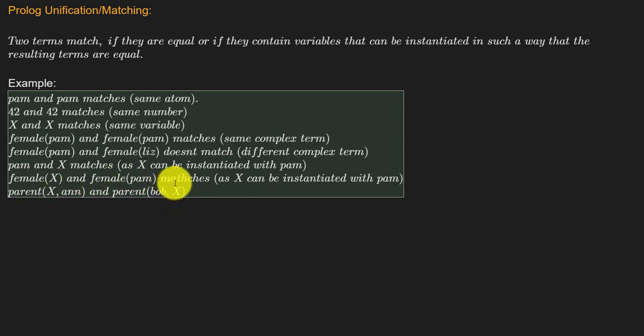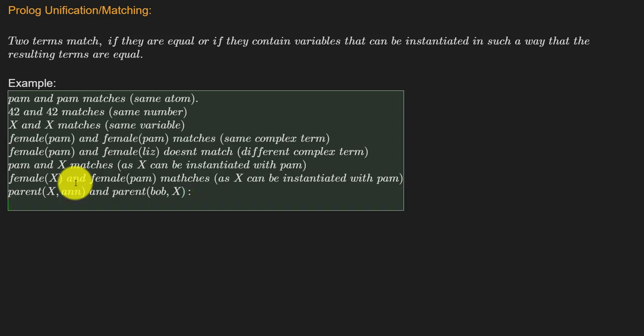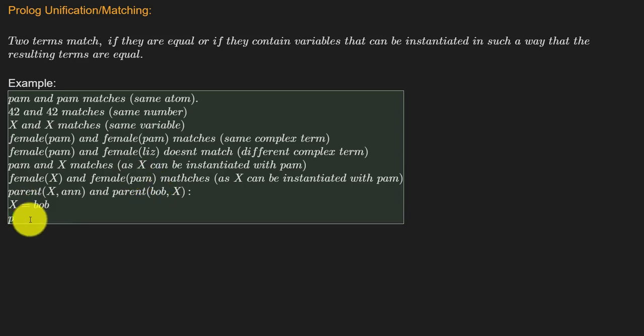Let us do that, this is going to be fun. Let's instantiate X with Bob, because we are planning to match with this one, since the first argument of this parent is Bob. So the first one will become parent Bob comma N, right?